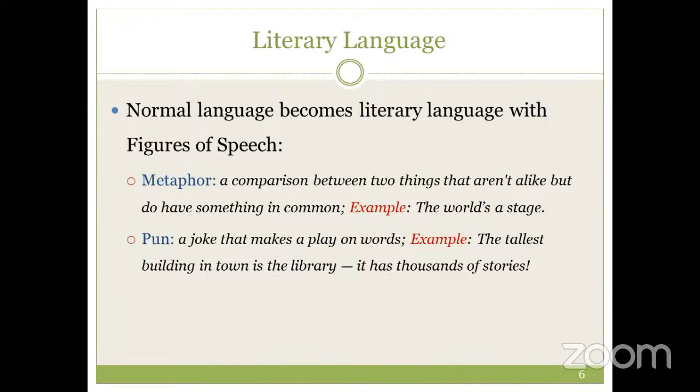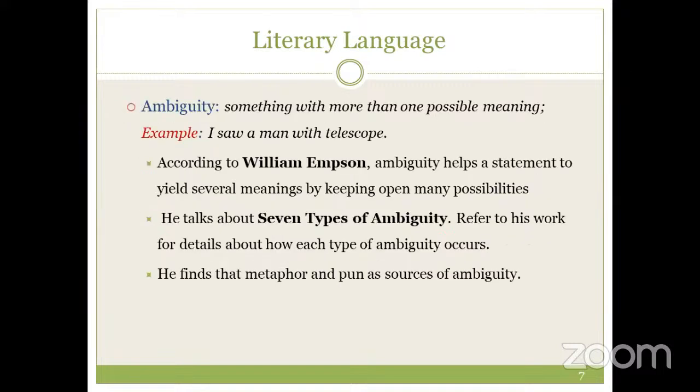Apartments these days have multiple floors, and a floor is also called a story. So in a multi-story library building, there are also thousands of stories. A normal story, and a story as a floor. That is a small pun, a small joke there.